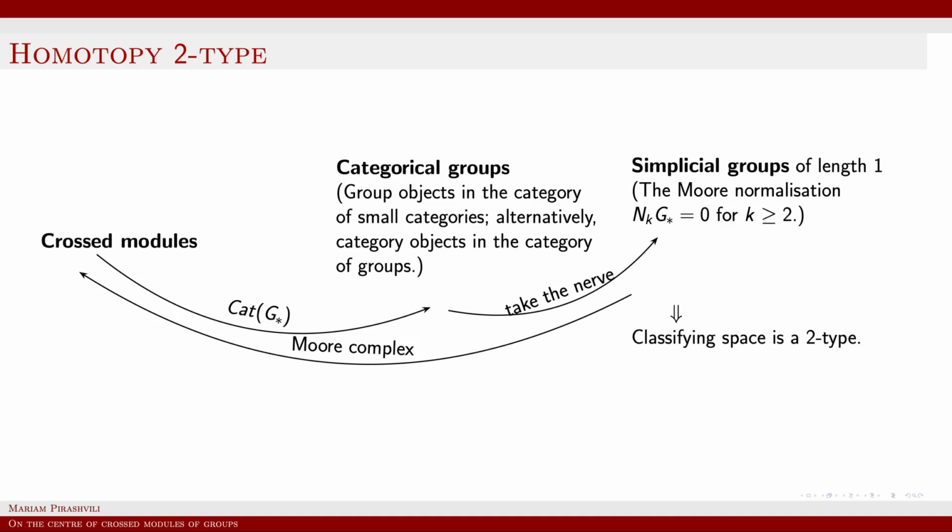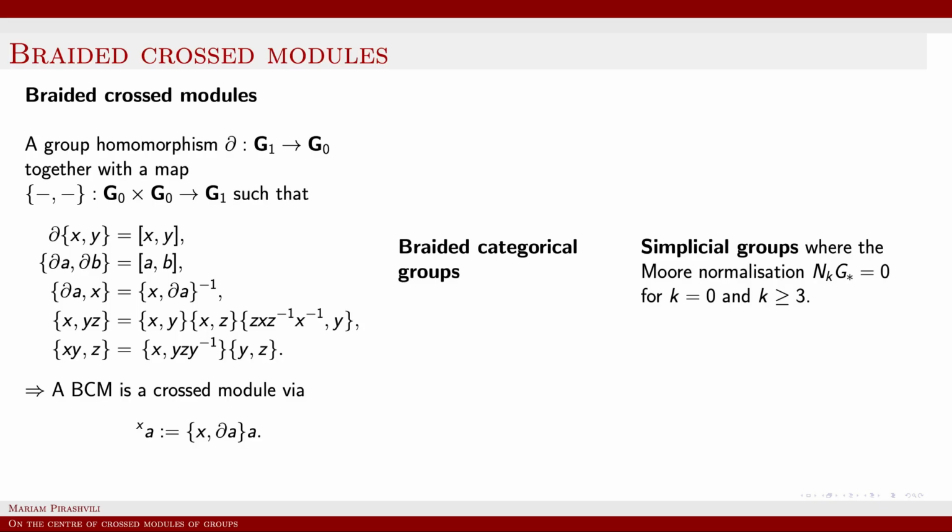So we have that in the Moore normalization, everything is 0 starting from 2. And this grading kind of shifts everything up. So for k equal to 0, this normalization will be 0, and then from k greater than or equal to 3. So somehow everything will be shifted up by 1 degree.